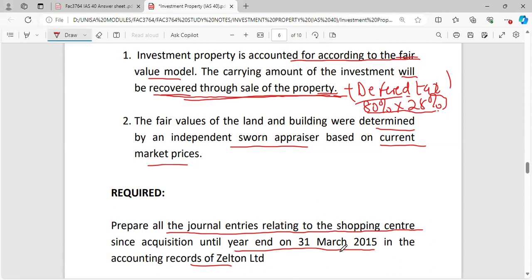Well, these are the kind of questions that you come across in your test or exam. You'll be given information, then they say record the information. So what are you going to record here? Anyone with an idea? Where do we start? What are we going to record?